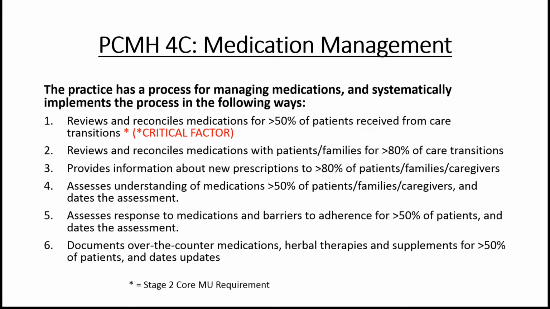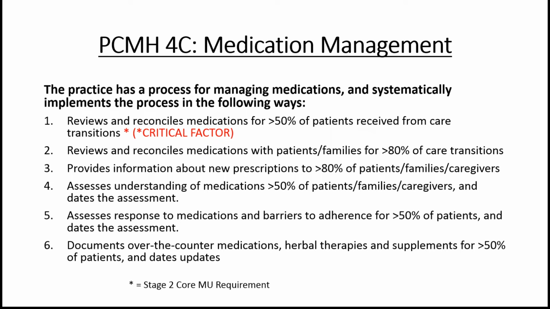So if we would look at that meaningful use report and the practice was over 80%, whereas the meaningful use requirement is 50%, we would just be able to use that report for both factors 1 and 2 since they're over the 80%. Factor 3 provides information about new prescriptions to more than 80% of patients.